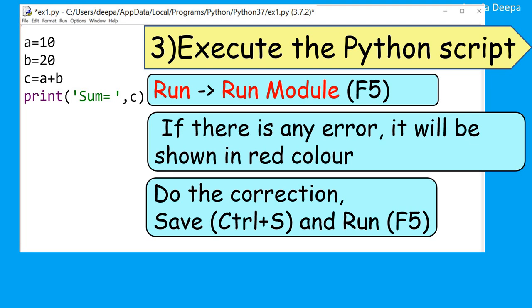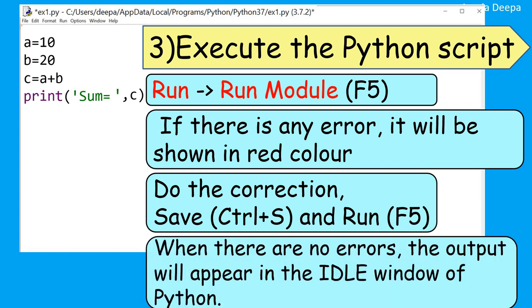So do the correction. Once again, you save by giving Ctrl+S and run again. So: doing the correction, saving, and then running again. You have to repeat this again and again until there are no errors in your program.